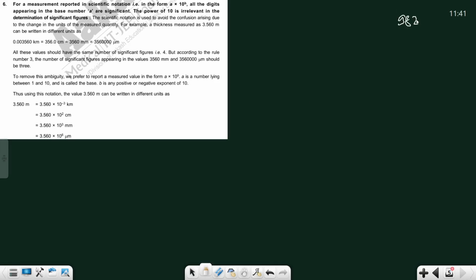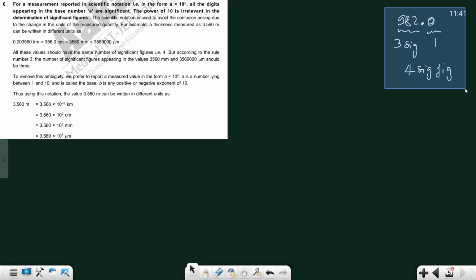These are three significant figures, and after the decimal you have written the zero, so it will also be counted. So the final answer will have four significant figures. After the decimal, whatever zeros you are writing will be counted as significant figures.